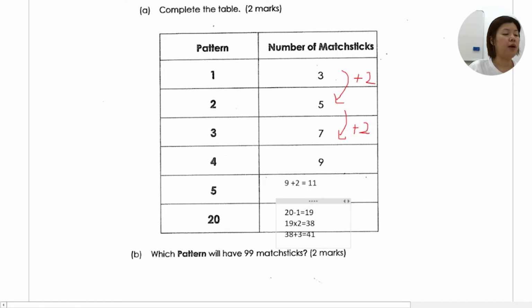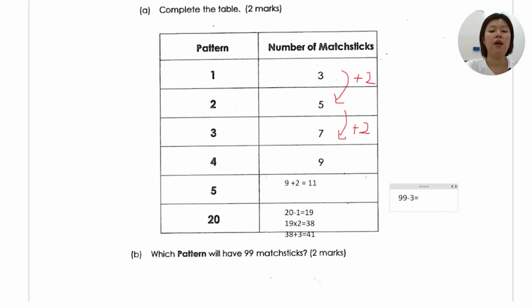Okay, so next one. He's asking, which pattern has 99 matchsticks? So, same thing. I'll take my total, 99 minus the first pattern number, 3, equals to 96.